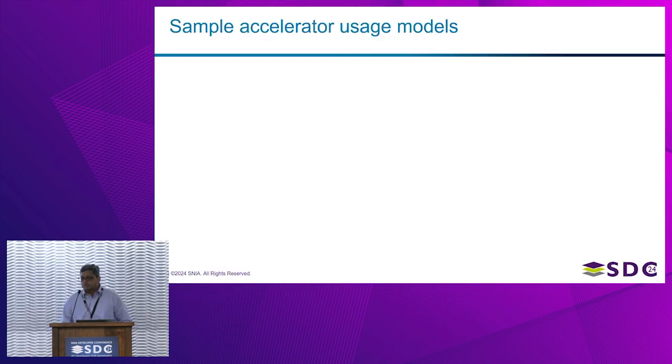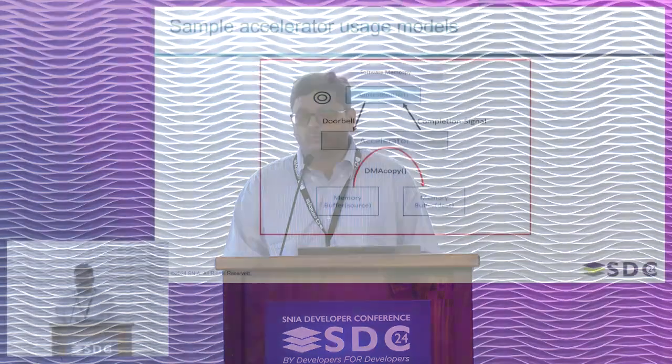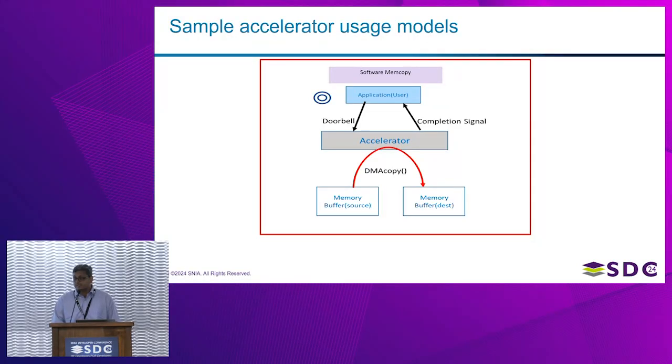Okay, so I know some of you attended this morning's discussion, but let me quickly whirl through some of the accelerator usage models that the standard tries to address. These are all representations, but there may be more use cases that you can do with this. For example, if you had a simple use case of software-based memcopy offload, and you were in need of an accelerator that can just help offload those buffer copies for you, this is the standard for you.